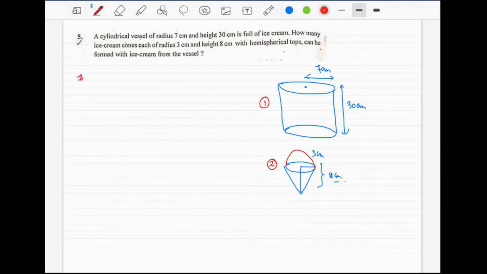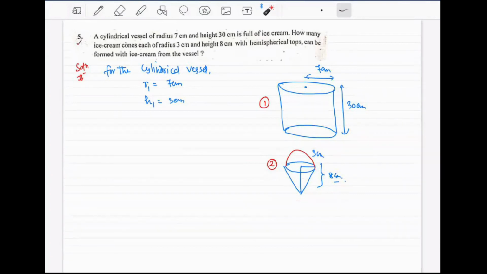Okay, so here starts the solution for the cylindrical vessel. How much is the radius? 7 centimeter. Height is how much? 30 centimeter. Let me write R1 and H1. Why? Because we will have another height here. So in order not to confuse, I'm writing R1 for the radius of the cylindrical vessel.